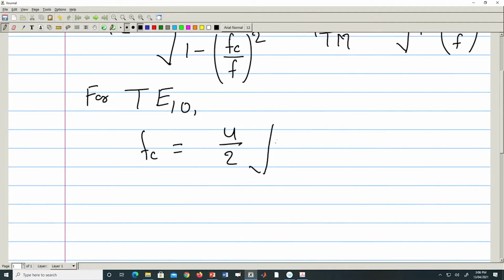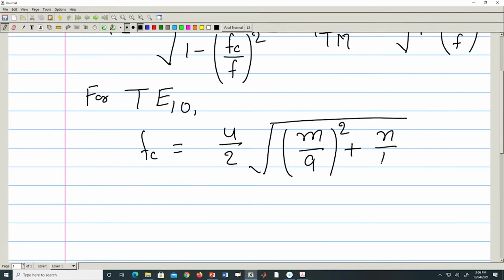So, a and b are the dimensions of the rectangular waveguide, and m and n are the mode numbers. So, for the TE10, m equals 1 and n equals 0. So, we can substitute the values and we will get the cutoff frequency for the TE10 mode.